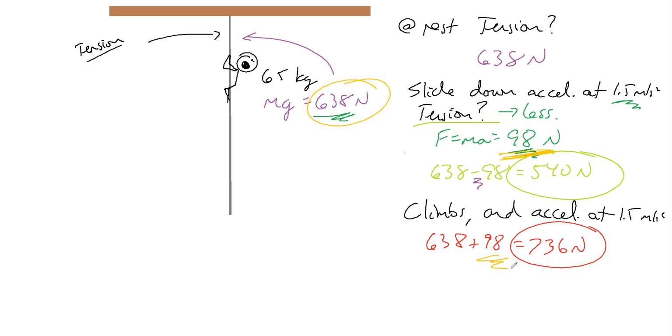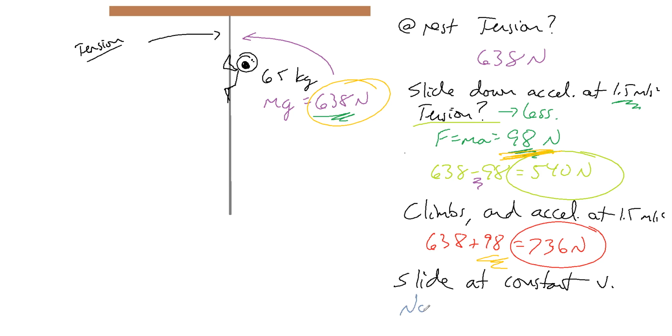Now, what if instead he slides down the rope at a constant speed? Well, if he slides at a constant speed, there's no extra acceleration. Since there's no extra acceleration, there's no change in the force.